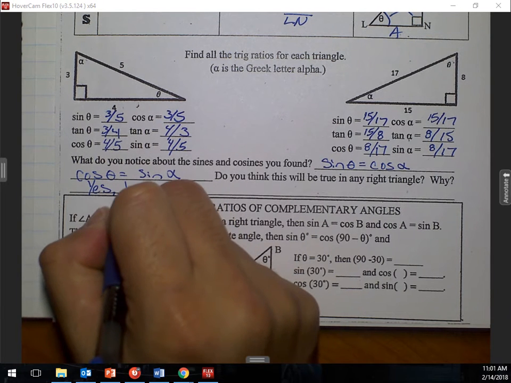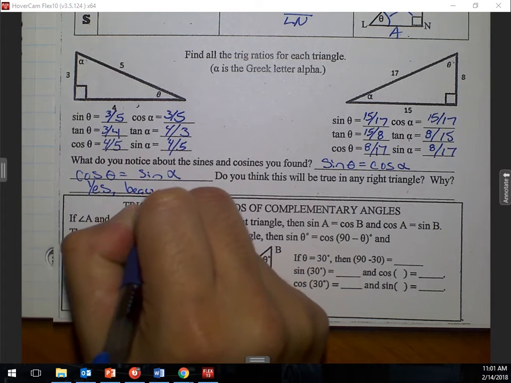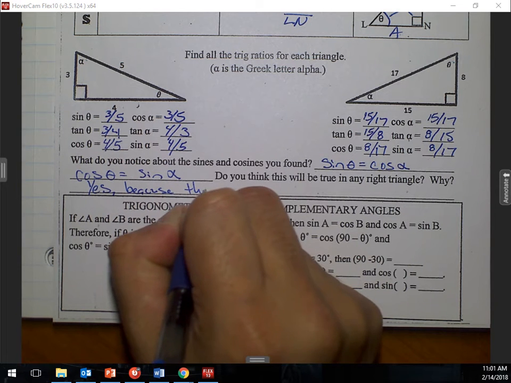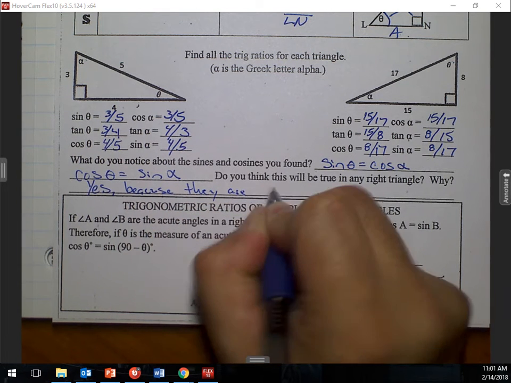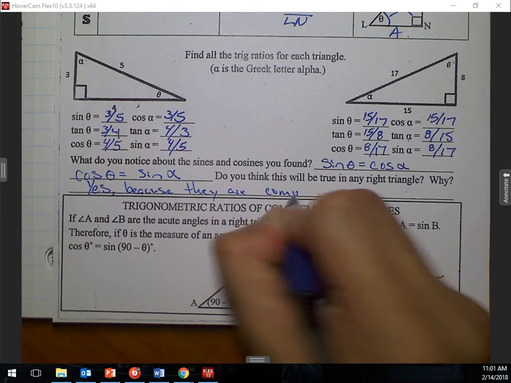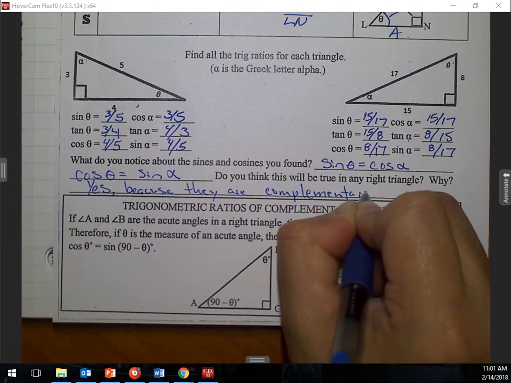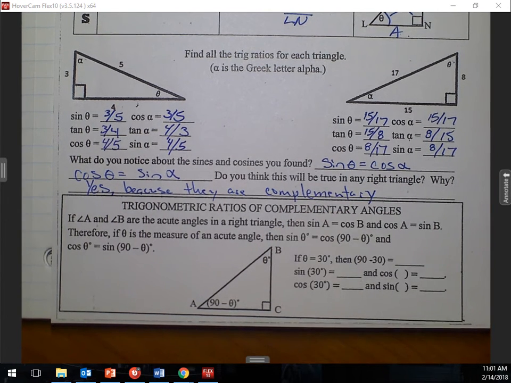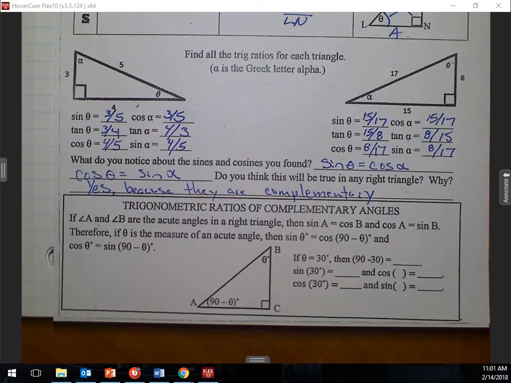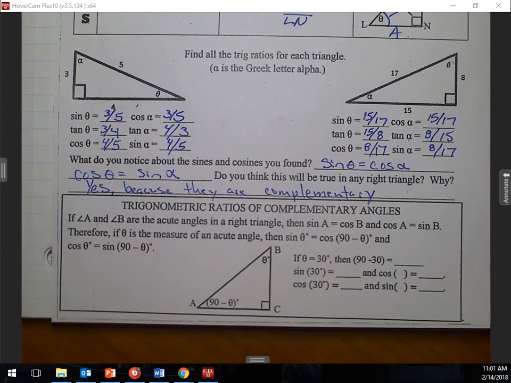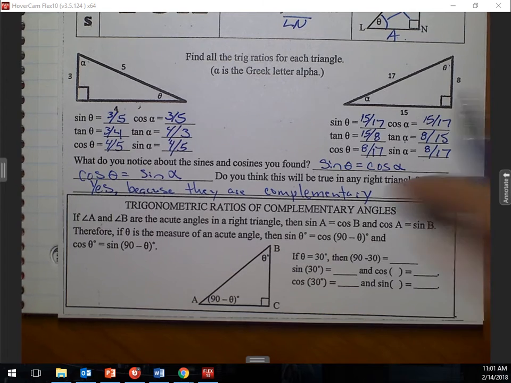It is going to be true because they are complementary. Now, complementary means what? Adds up to 90, right? Since they're complements of each other, it's always going to be like that.